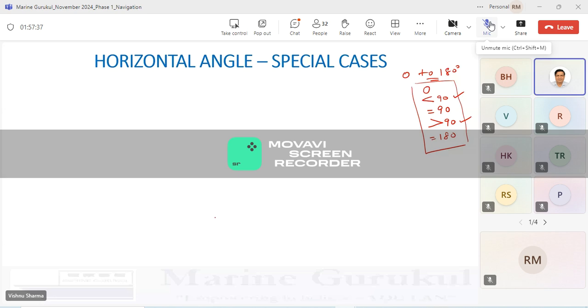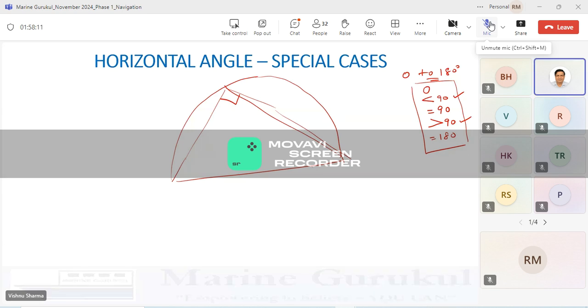The diameter subtends 90 degrees on the circumference. See here, this is the semicircle, this is the diameter of the circle, and the angle subtended by this diameter on the circumference will be 90 degrees, correct? Yes or no?